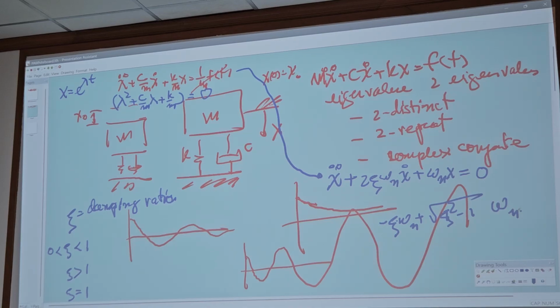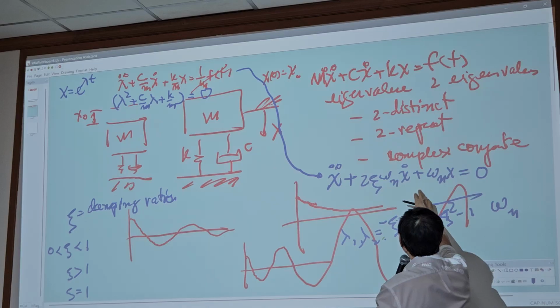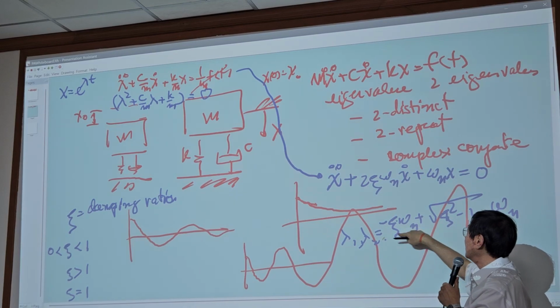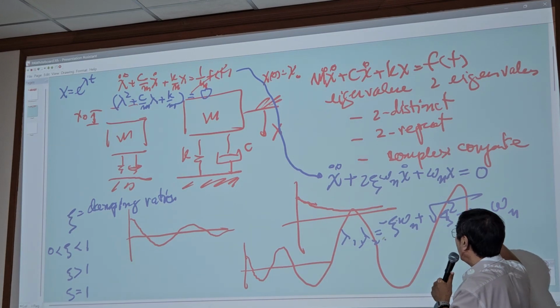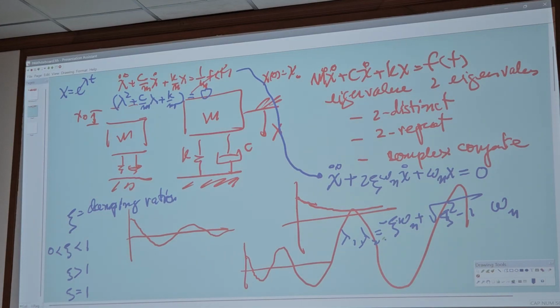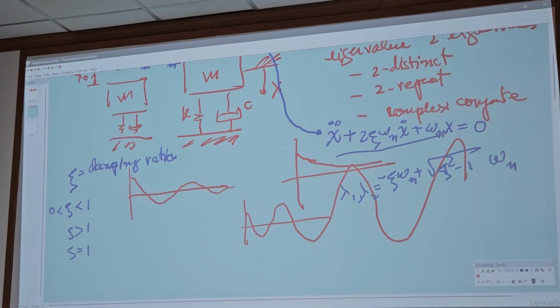The roots, lambda 1 and lambda 2, are like minus b plus or minus square root of b square minus 4ac over 2a. You have two of them.